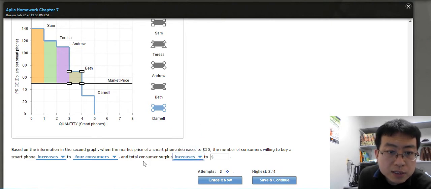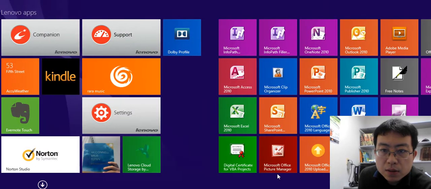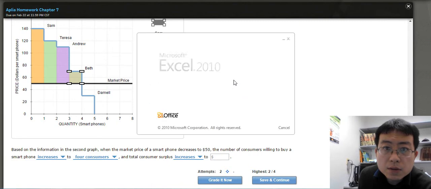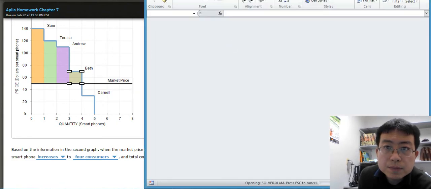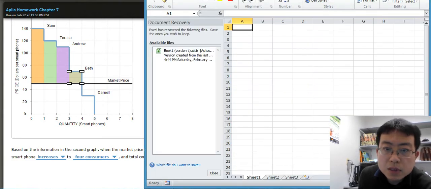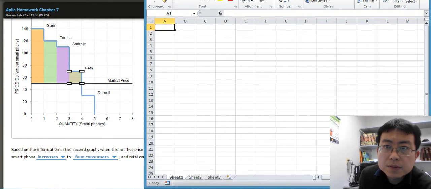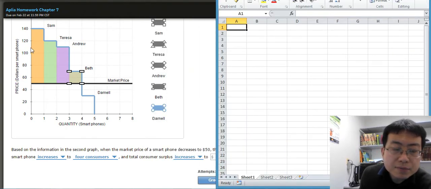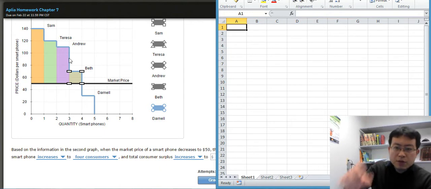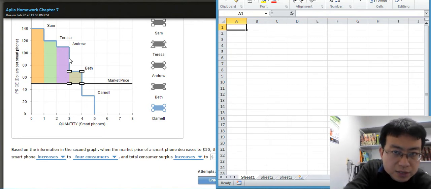So for our new consumer surplus, let's use a calculator. For Sam, he's willing to pay $140, and the price is $50.